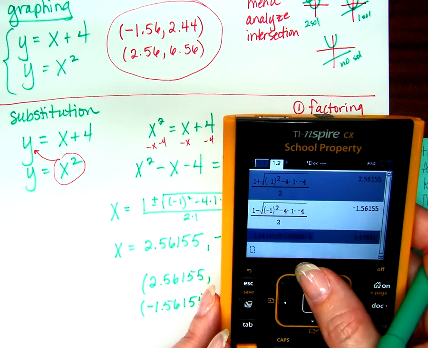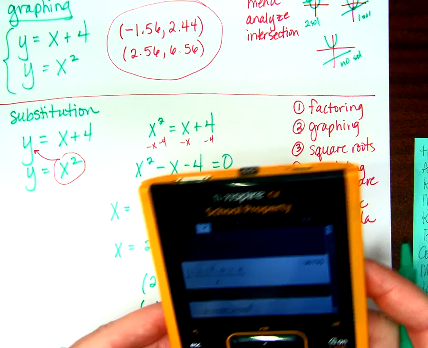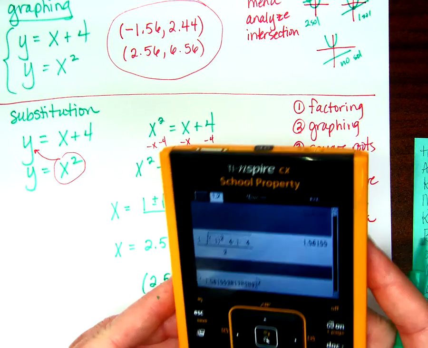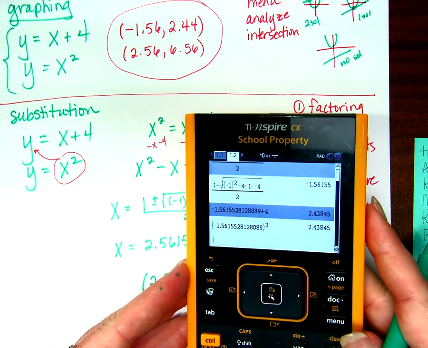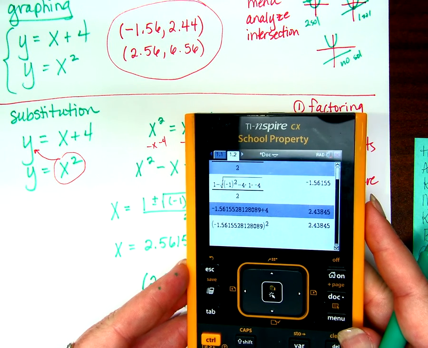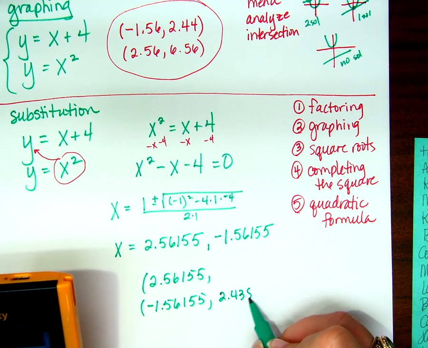And then I'm going to use that one again also, and I'm going to square it. Oop, I better put parentheses on it though because it's negative. It'll be mad. Oh my gosh, it's exactly the same. Either way, it's 2.43845.